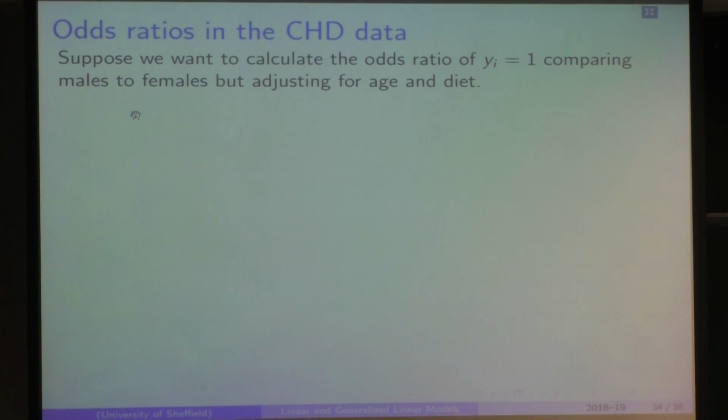Okay, so let's look at what we get for the coronary heart disease data. Let's say we're interested in the male-female comparison. But we now want to include the information about age and diet in our model. So we're adjusting, in that terminology, for age and diet.